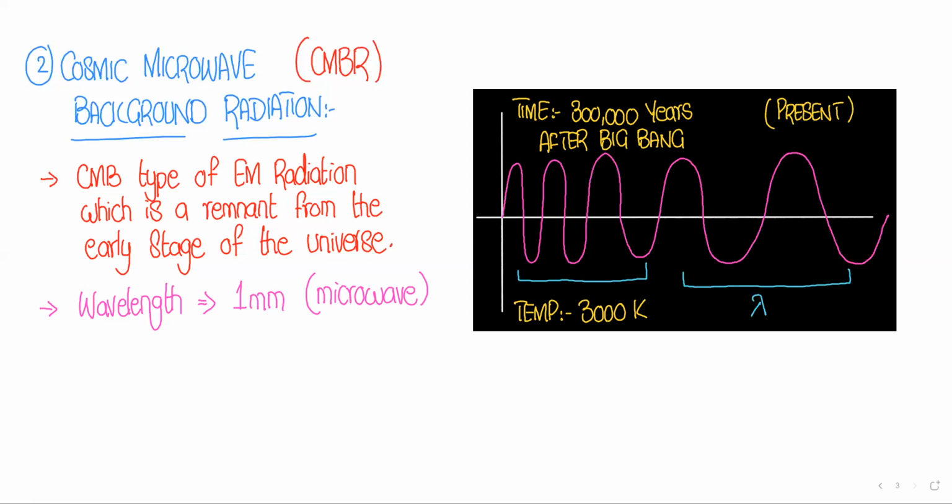So the wavelength was very short compared to the time period in which we are living now, right? Yes. So that is the second evidence related to the Big Bang theory, right?